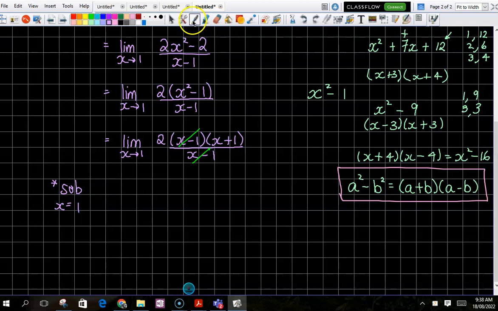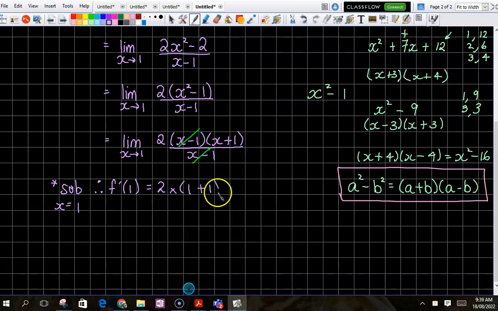We can now say, therefore, I know, it's big, therefore, f dashed of 1, so this is saying, that's notation, the slope, this is the derivative, the slope, the rate of change when x is 1 is going to be 2, and I know you all know 1 plus 1 is 2, but I'm just making a point of it. You don't have to, just in case you're looking back. So we know 2 times 2, it's 4. Huzzah.